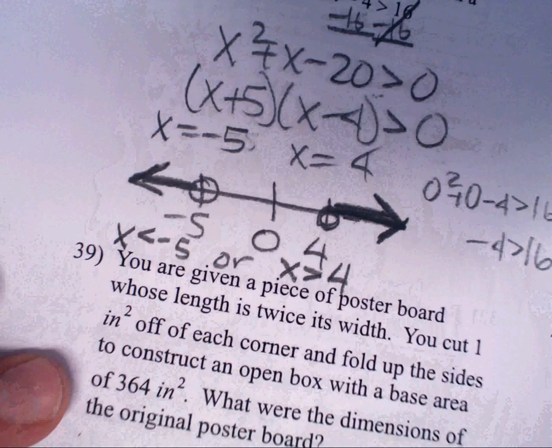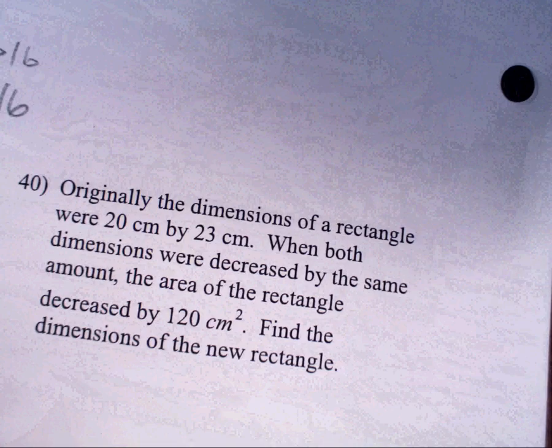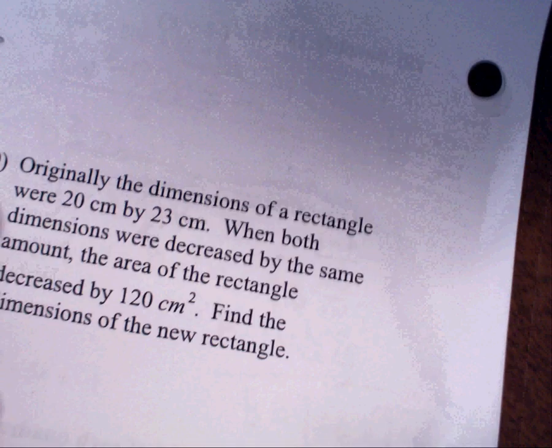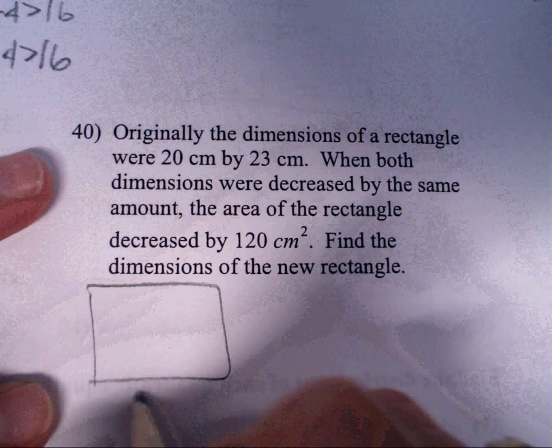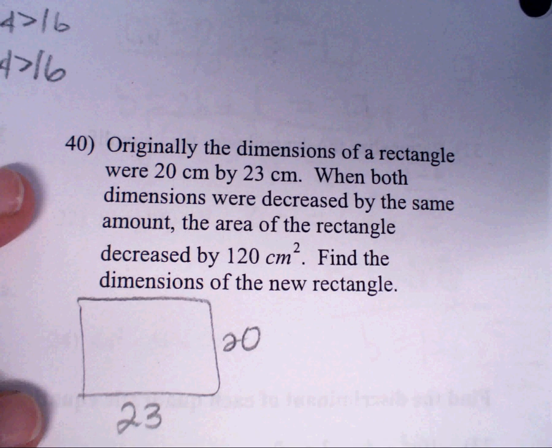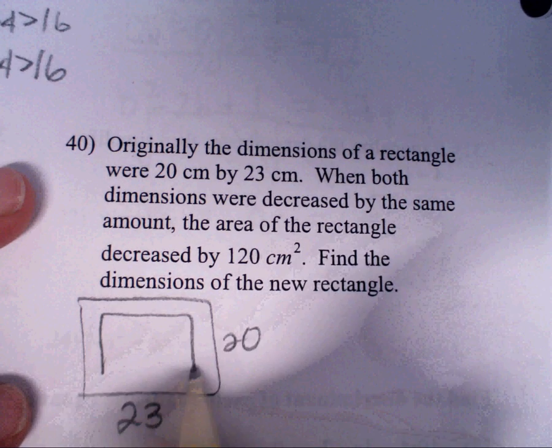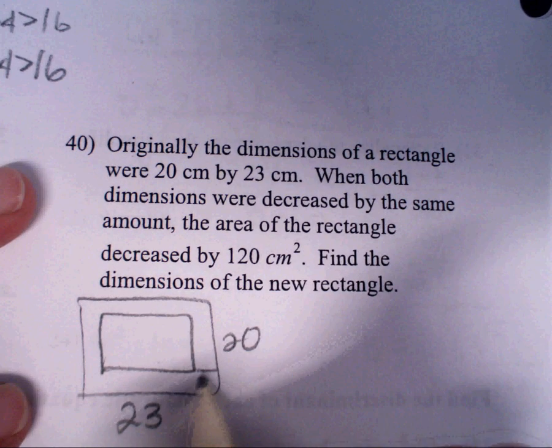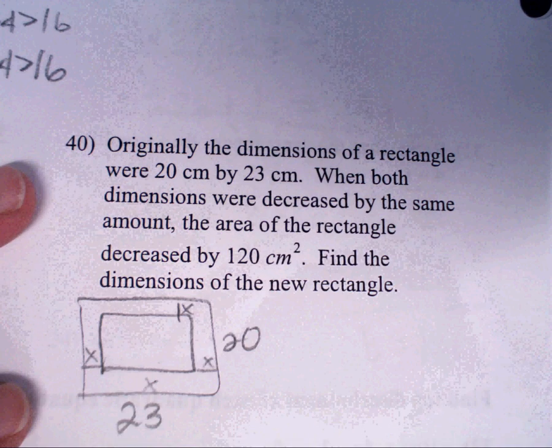Alright, and last one, we'll do one of the word problems together. Let's do 40. So 40, it says the original dimensions of a rectangle are 20 by 23. When both dimensions were decreased by the same amount, meaning you have a rectangle that's inside, and these lengths are going to be the same, so that's going to be our x.